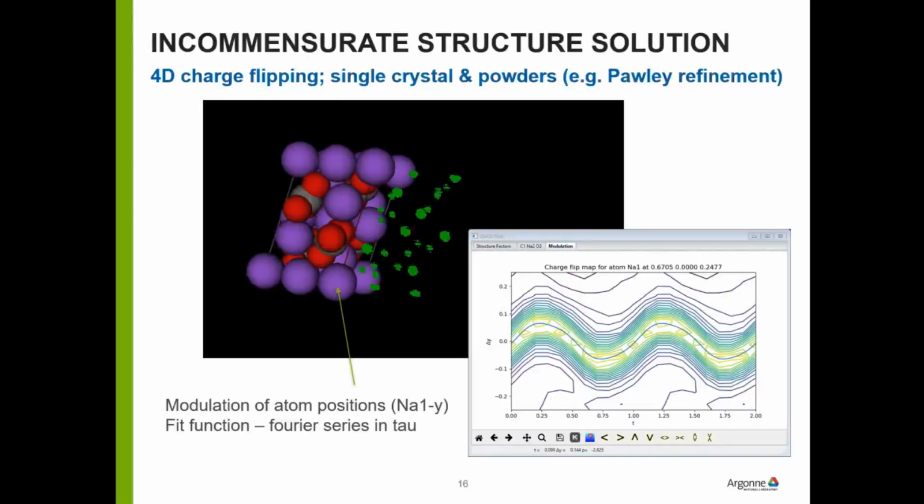This is the 4-dimensional Fourier map showing the peaks in the Fourier map shifting back and forth along the prism.